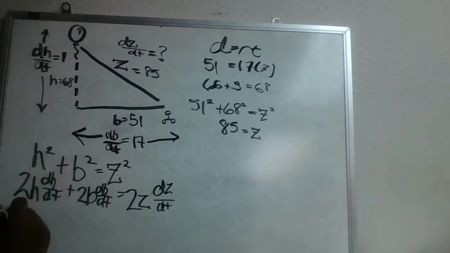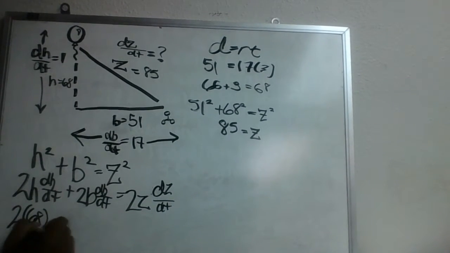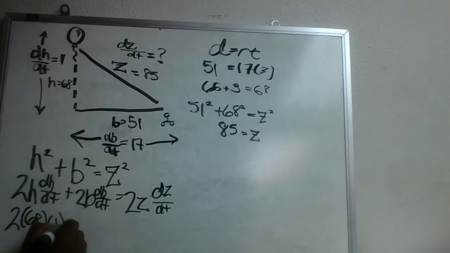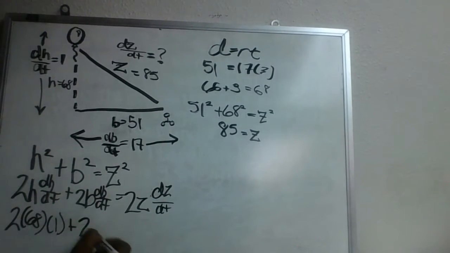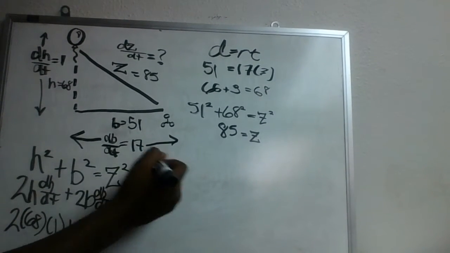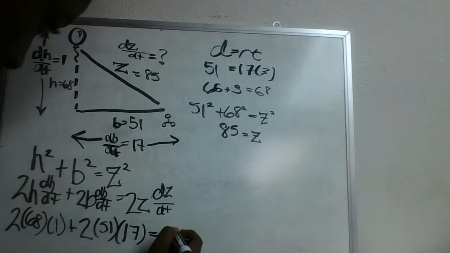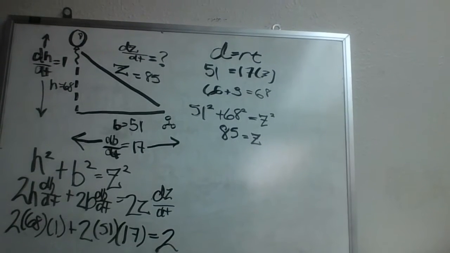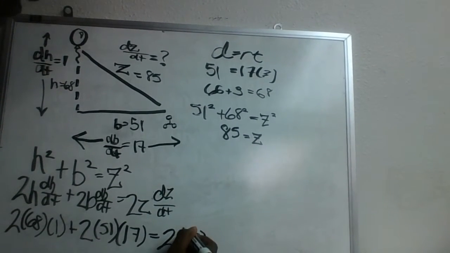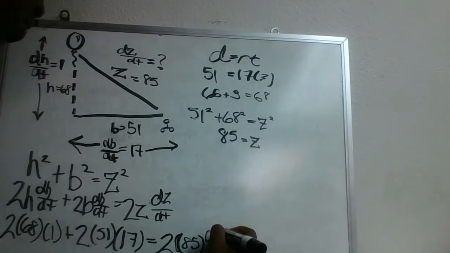All we have to do now is plug everything in. So this is going to be 2 times h, 68, times dh over dt, 1, plus 2 times b, 51, times dB over dt, 17, equals 2 times z, 85, times dz over dt, and I'll just write that because that's what we're trying to find.